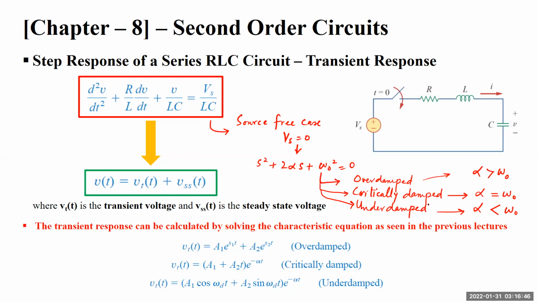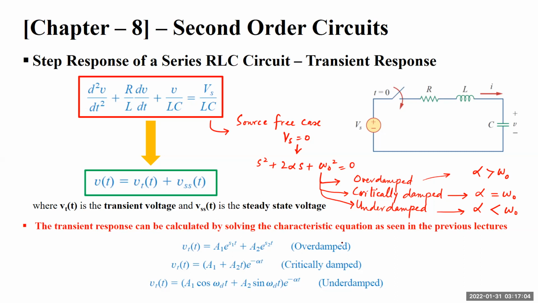We can easily find the transient response by developing the characteristic equation, finding the values of alpha and omega naught, and from these conditions determining whether the response is overdamped, critically damped, or underdamped.